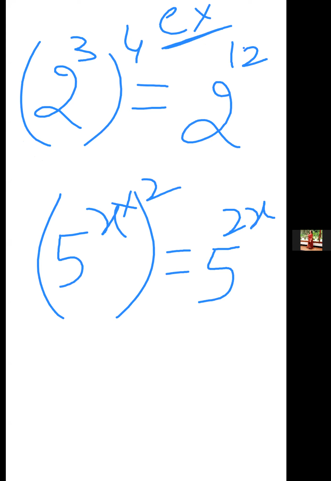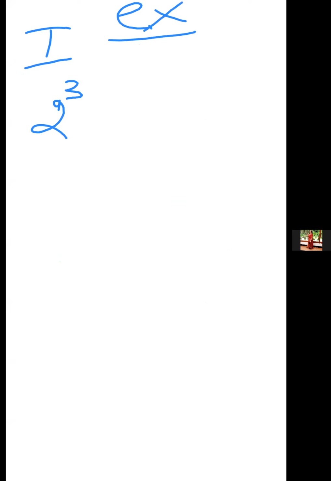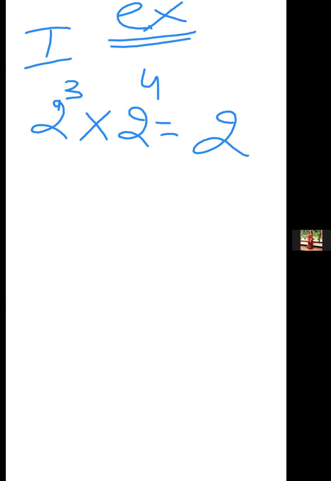See here on the whiteboard. First, listen again. First law is, I am writing the examples of the laws. 2 raised to power 3 multiply 2 raised to power 4, which is equal to 2 raised to power 3 plus 4, which is equal to 2 raised to power 7.